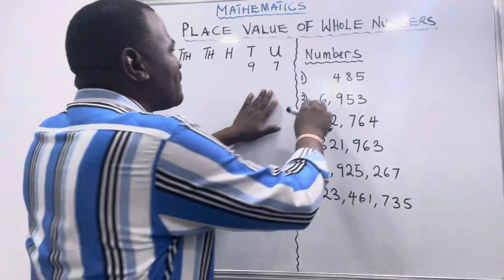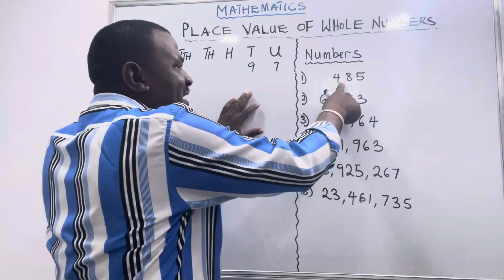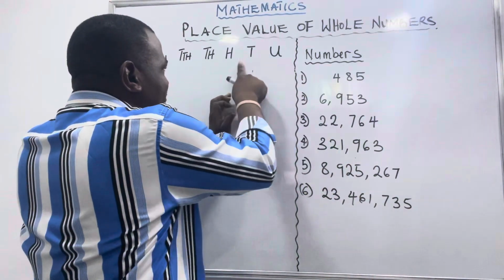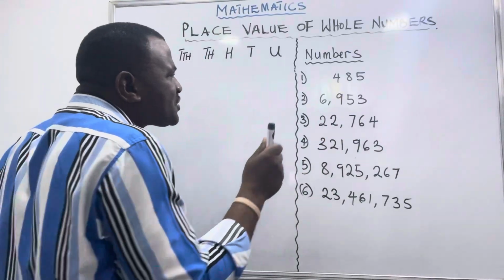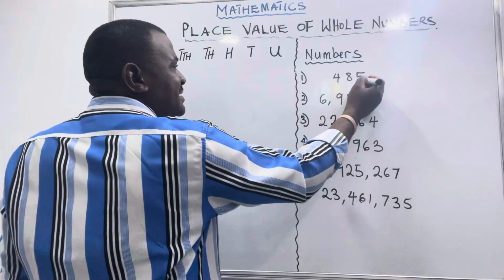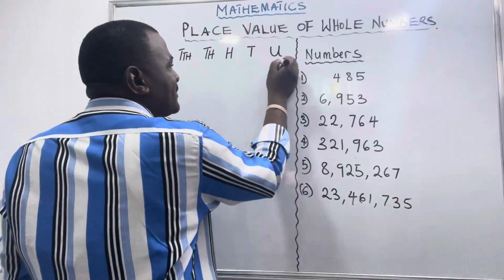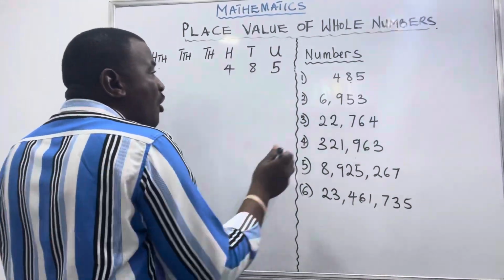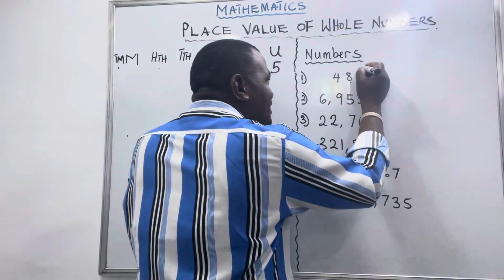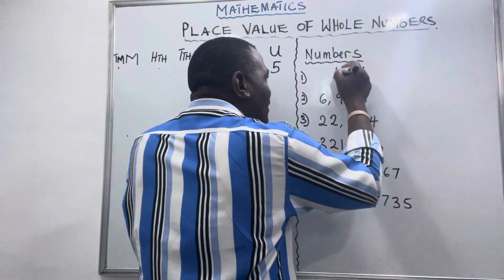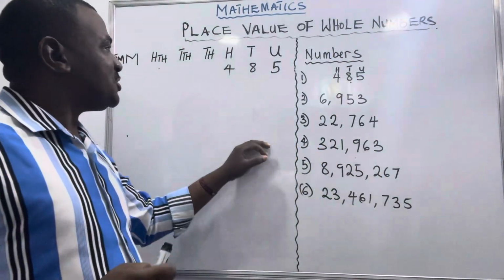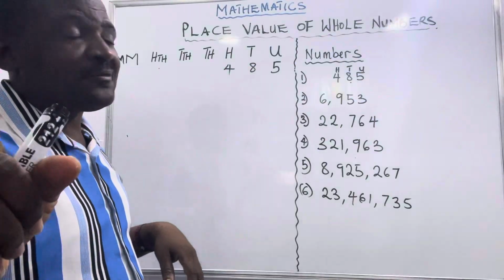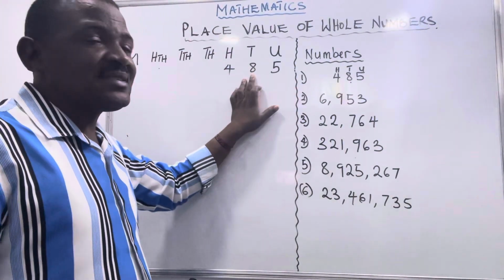Okay, now let's go. If you have 485, for instance, just 485. Don't forget, start from here: 5, followed by 8, followed by 4. Right where it is written, just write units, tens, 100. So the place value of 8 is what?